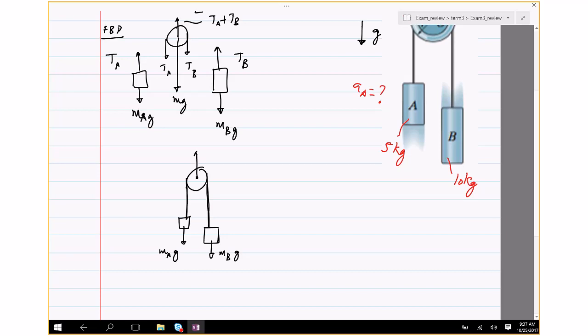However, there would be the tension showing up here, right? So this is a free body diagram of the entire system. Okay, so I thought I could eliminate TA and TB, but by drawing that free body diagram, I'm still not able to eliminate the tension because it still acts at O.